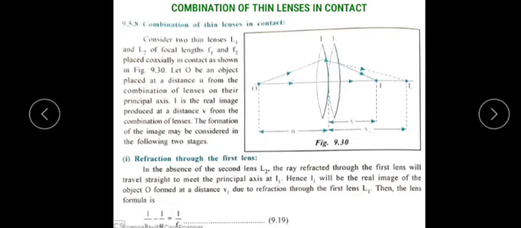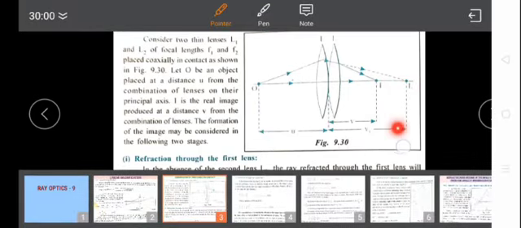The ray refracted through the first lens travels straight to meet the principal axis at I1. Hence, I1 will be the real image of the object O formed at a distance V1.